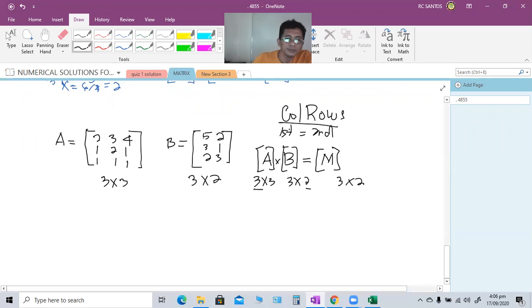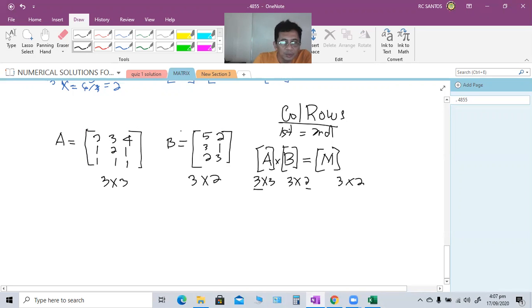So, ganito yan. Okay, so let us do it. Kasi may procedure. Tatandaan nyo lang yung procedure. So, ito, sabay ito minamultiply dito. Yung una, this one to be multiplied to 5.